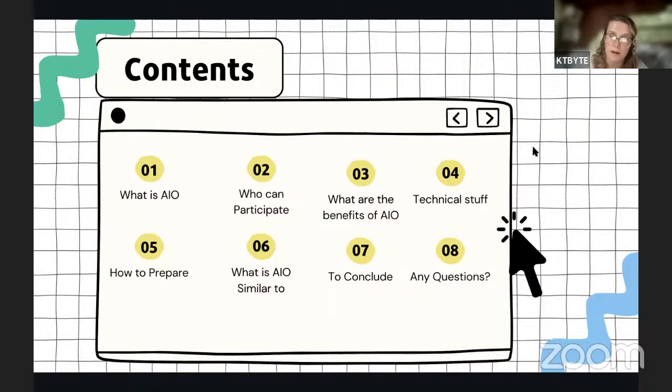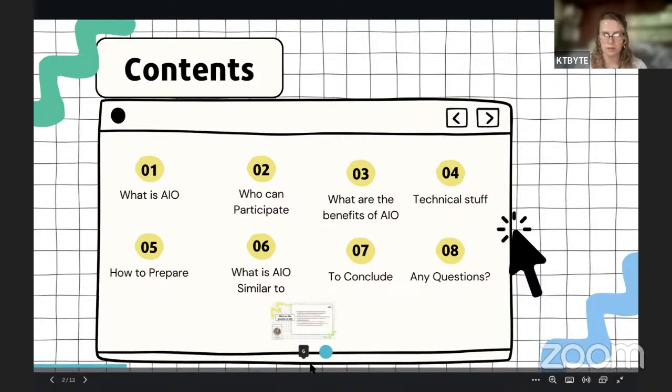We'll talk about how to prepare, and some contests that are similar to the AIO, meaning what other contests are equivalent in difficulty, just to give you an idea of what to expect. We'll do a little conclusion, and then I'll offer a space for any additional questions for myself or Andrew once Andrew's here. He is currently teaching a class, so he'll be here shortly.